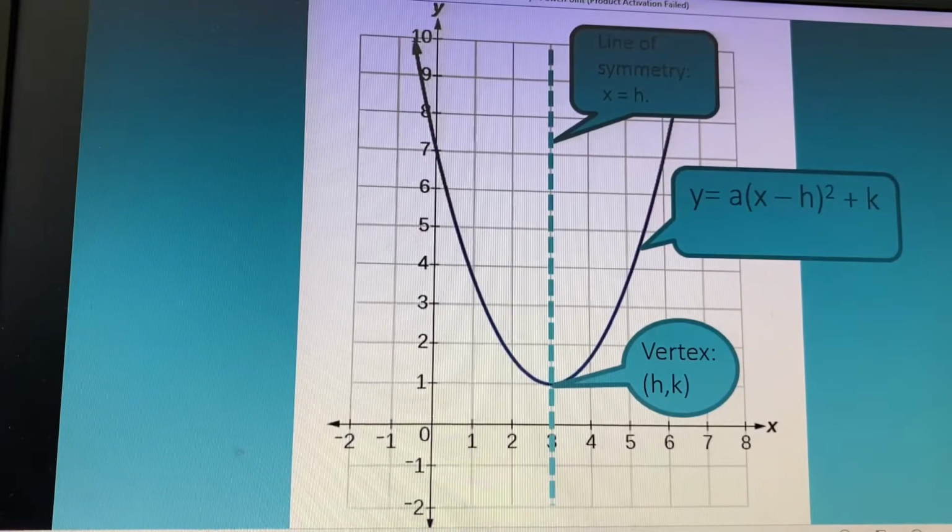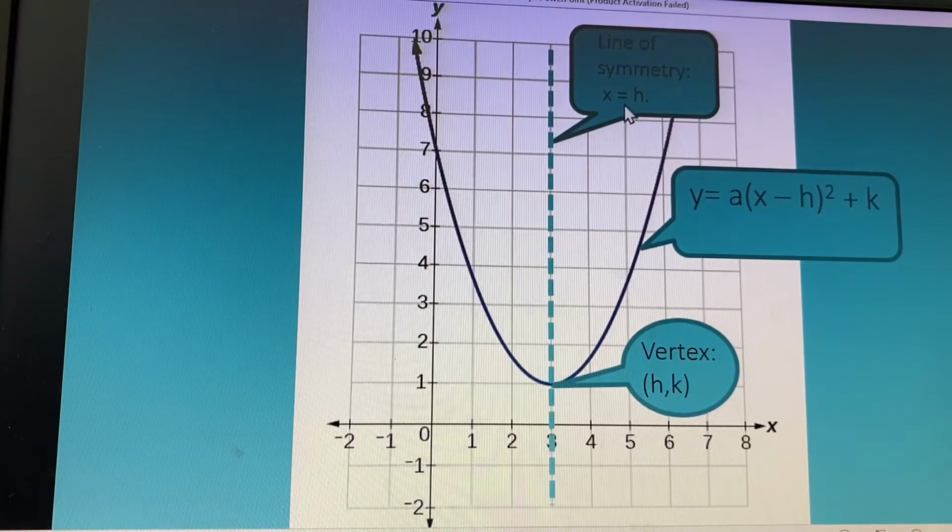So this is the graph of the quadratic function wherein the vertex is not at the origin. The vertex is at point (h, k).